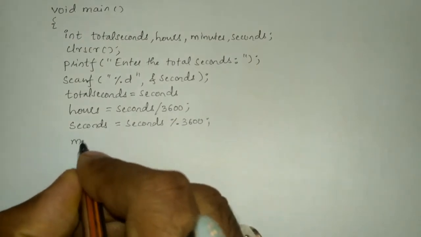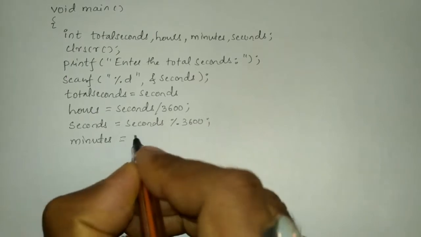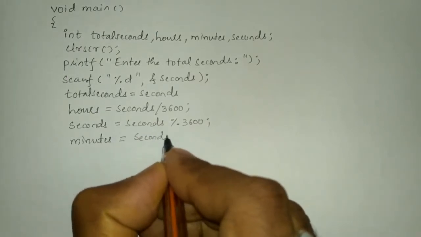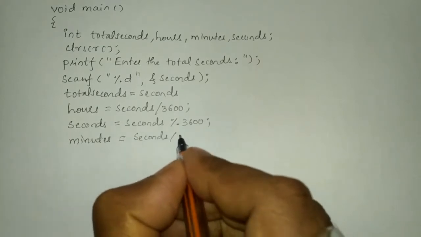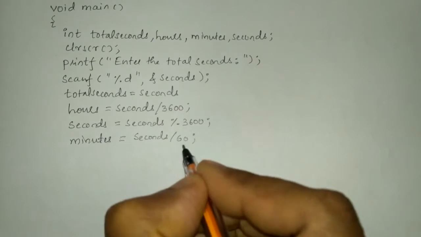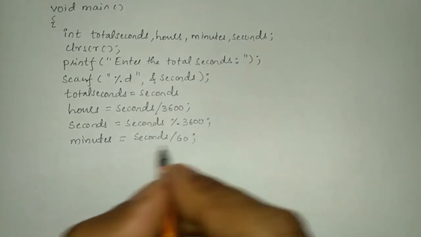For that I'm going to write minutes is equal to seconds integer division by 60, because each minute consists of 60 seconds. That's the reason we have to divide by 60.